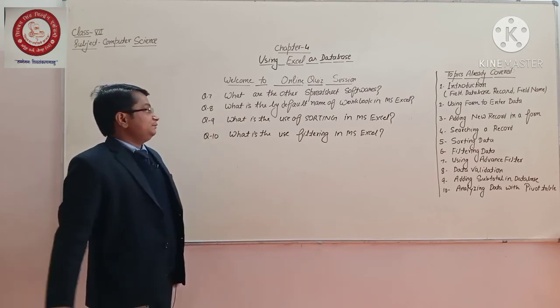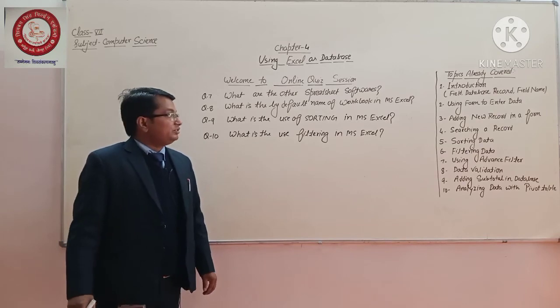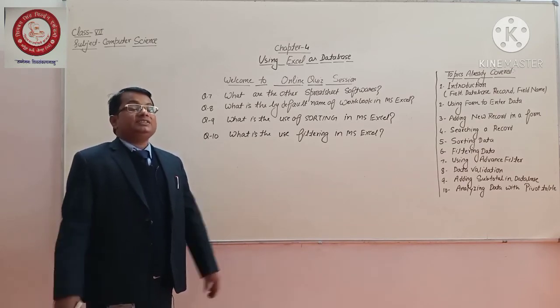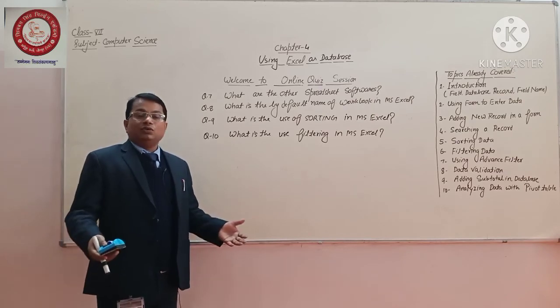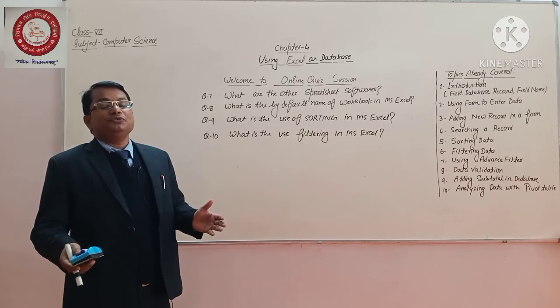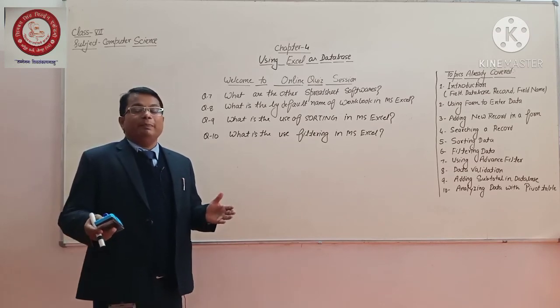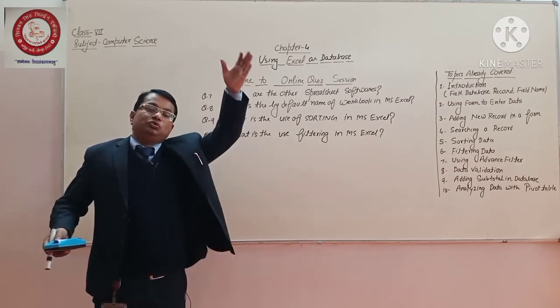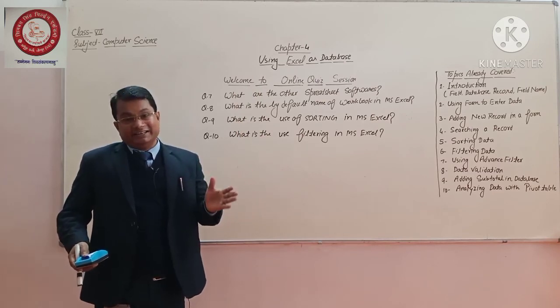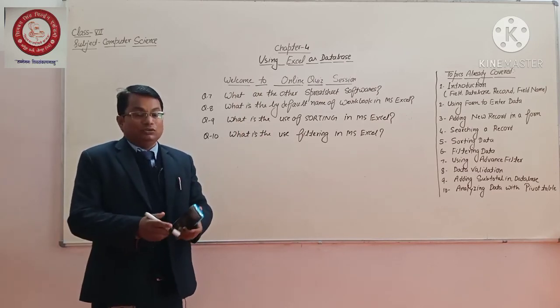Question number 9. What is the use of sorting in MS Excel? Sorting is one kind of feature of Microsoft Excel which gives you a great benefit, so that you can arrange your data in ascending order or descending order.